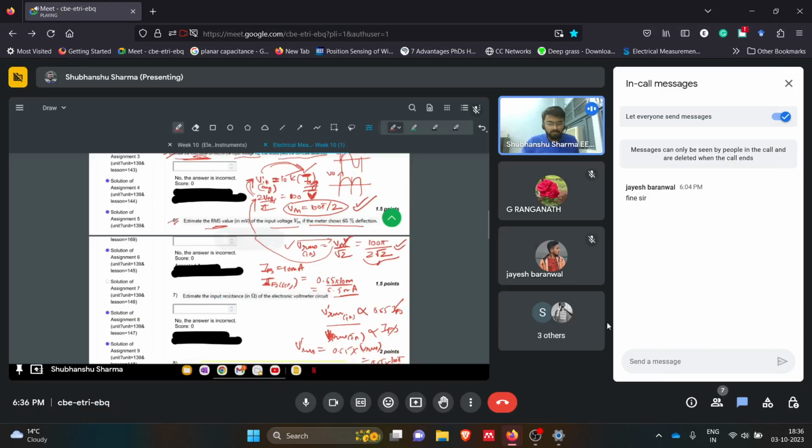I'll just disconnect this Wi-Fi, so just wait for a while so I can connect to the faster, higher speed Wi-Fi. The connection may get lost, but don't worry, I'll come back.